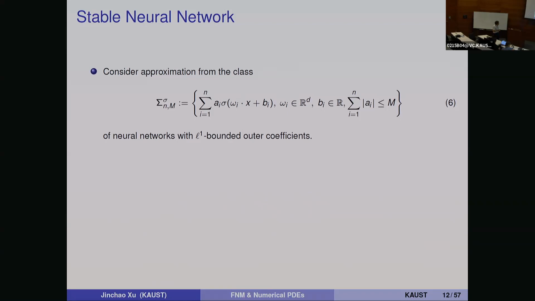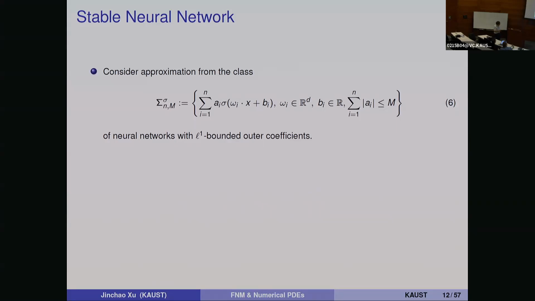But how to do the approximation, and also how to actually use neural networks as a numerical method for partial differential equations? Even though I said that ReLU DNN is just piecewise linear, like finite element, they do have very different structures. For one thing, this is not even a linear space. It's not even a space, it's just a set.